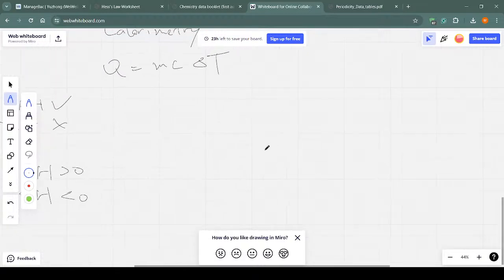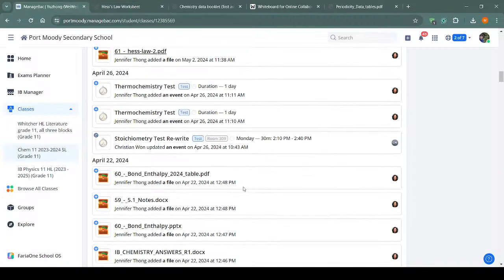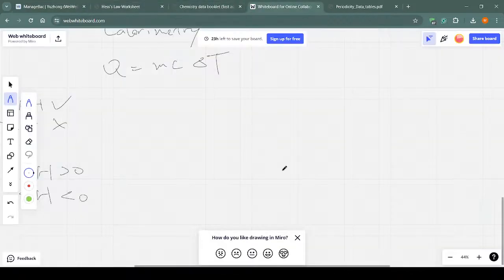So when you're calculating the enthalpy of something, let's just say I had something like NaOH plus HCl gives NaCl plus H2O.